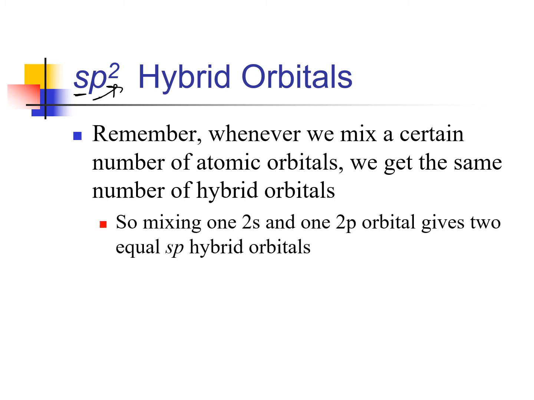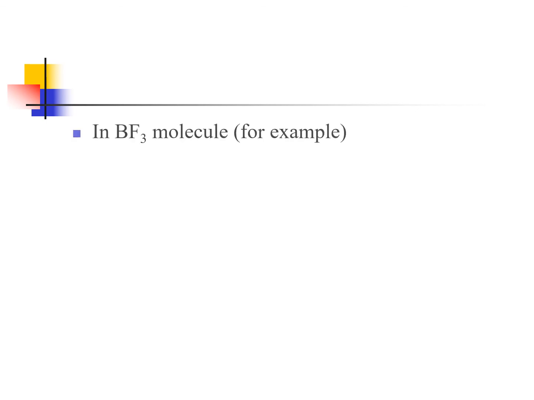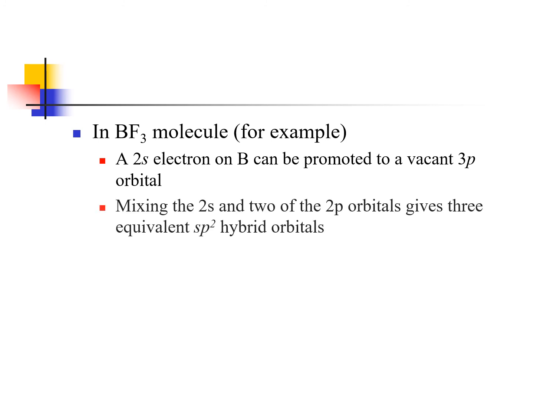Now, the next type is sp2. One thing I want you to notice: sp2, that's s and p2. There's 3 things there. A single s and a single p gives 2 sp orbitals. So let's say boron trifluoride, don't worry about the structure, a 2s electron is promoted to a vacant 2p orbital.